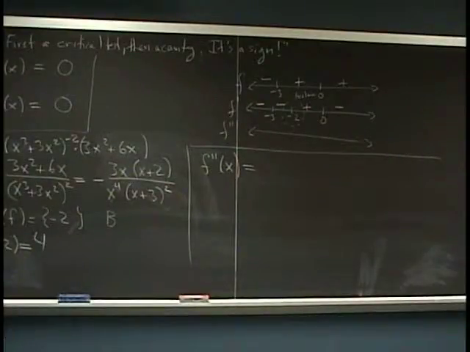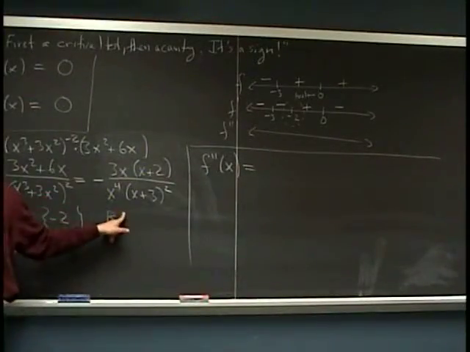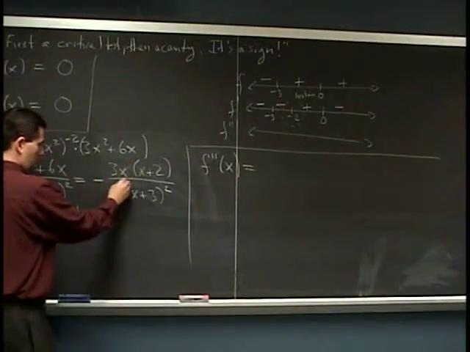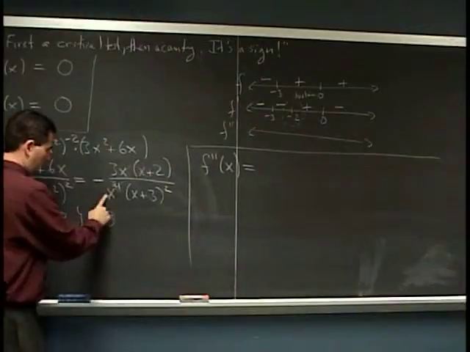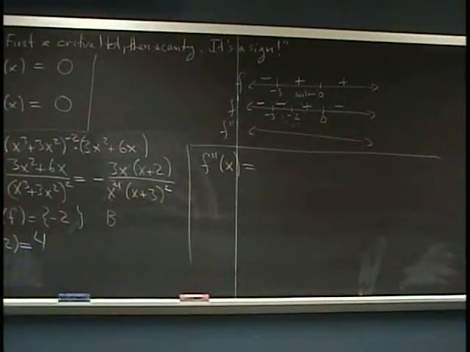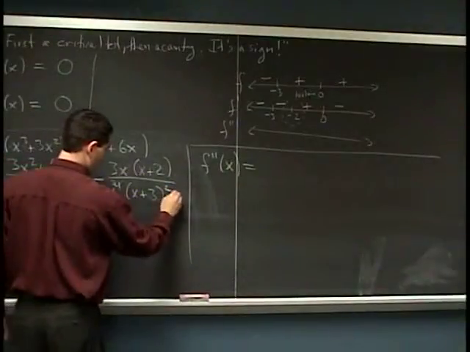As long as we accept the fact that this function is not defined at 0, and the derivative is not defined at 0, and the second derivative is not going to be defined at 0, we can cancel.